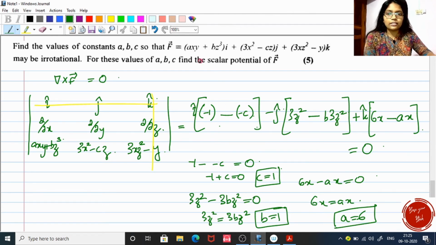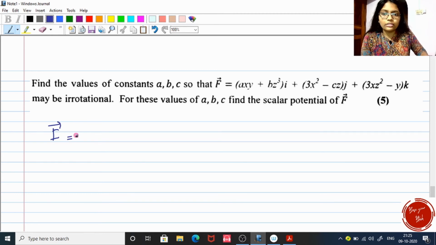So let's rewrite this capital F. Okay, our F value is now a equal to 6, b equal to 1 and c is also equal to 1, isn't it?